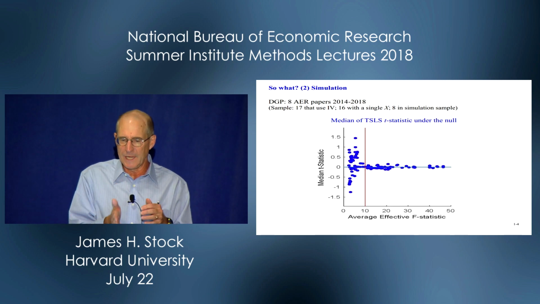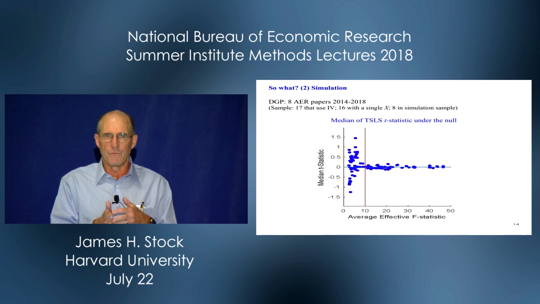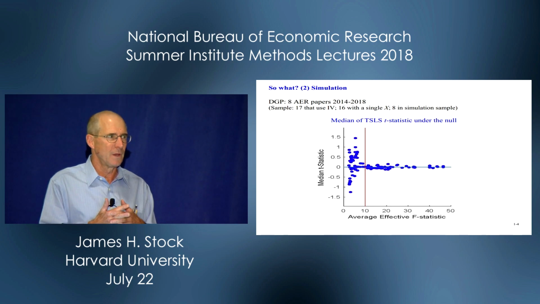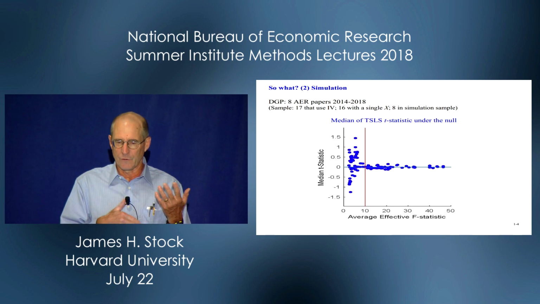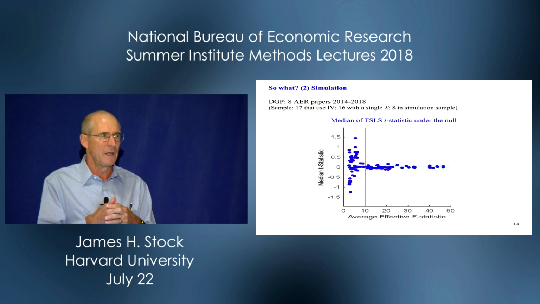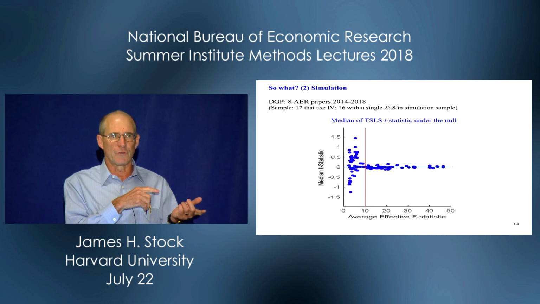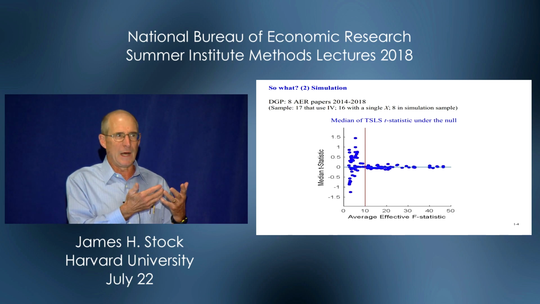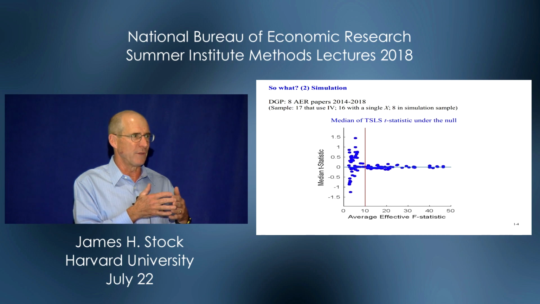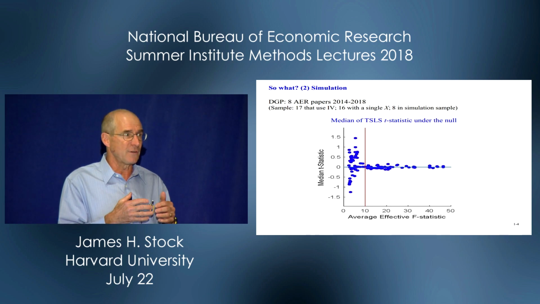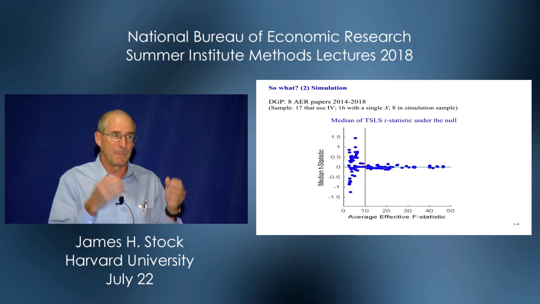On the x-axis is the population value of the first stage F statistic, and on the y-axis is the median of the t statistic. In some of these cases there's one instrument, and with one instrument you can't really talk about bias because moments don't exist, but you can talk about where the median of the t statistic is, and that kind of normalizes it by the standard error.